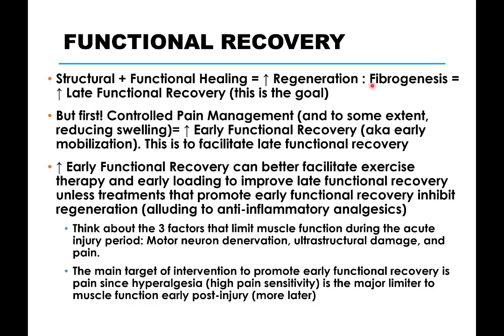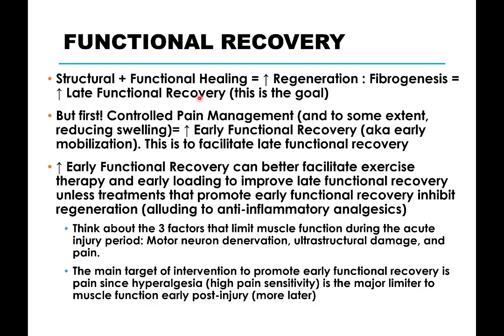This, at least in concept, is how one would optimize late functional recovery. And this should make sense because in order for muscle function to recover fully back to a pre-injury state, your muscle needs to replace the damaged tissue with functional muscle fibers and not with connective scar tissue. Why? Because muscle fibers contract, connective scar tissue does not.